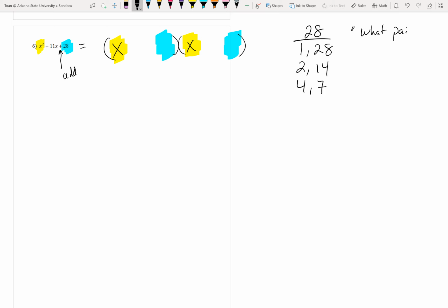What pair adds to the middle number, and in this case, the middle number is 11. Right? And I hope it doesn't take a lot of thinking to know that, hey, 4 and 7 adds to 11, so those are my numbers. But I got to put pluses and minuses on them.